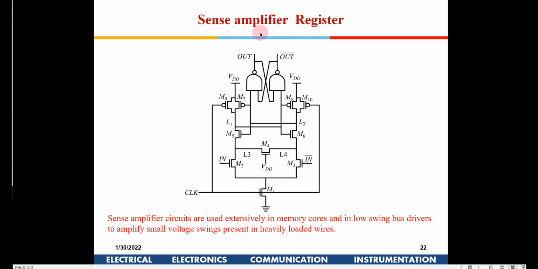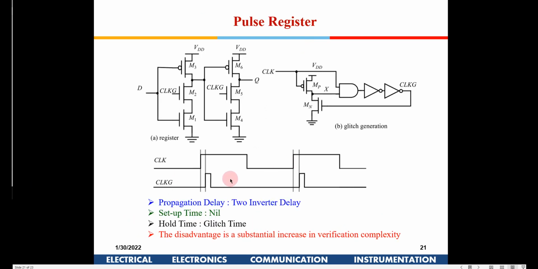Now this is the last kind of register which we are discussing today. It's a sense amplifier register. What are the advantages here? One, we are using a single clock. We are not requiring clock and clock bar, and we are using a lesser number of transistors out here, right? And this particular circuitry is not only specific to this.